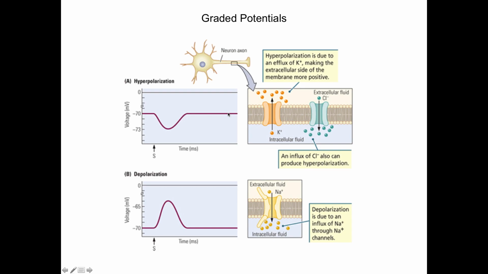An example of a depolarization could be when positive sodium ions go into the cell through sodium channels. So when positive goes into the cell, it will increase the voltage of the inside of the cell and make the cell a little bit more positive on the inside compared to the outside.